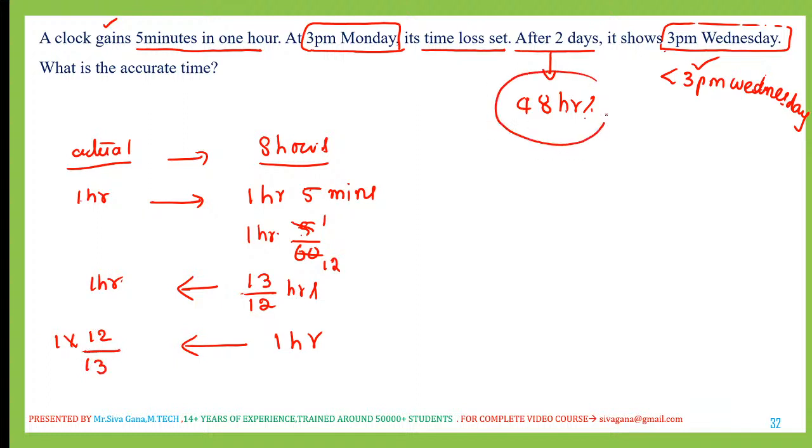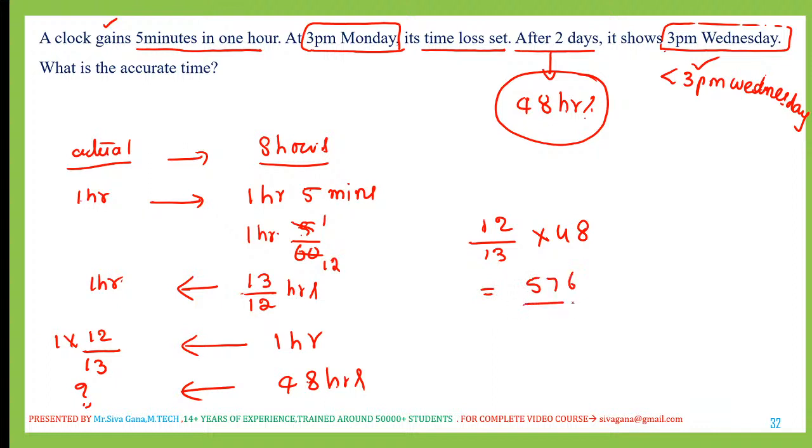But it shows 48 hours. For 48 hours, it is 12 by 13 into 48, which is 576 by 13. That is 44 and 4 by 13 hours.